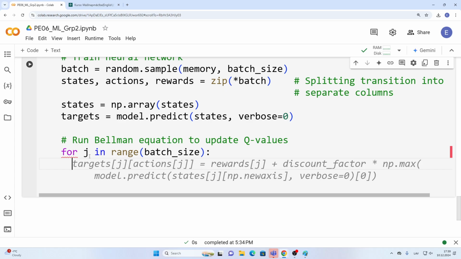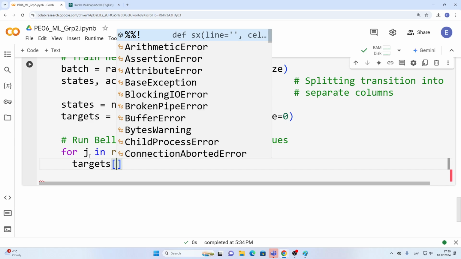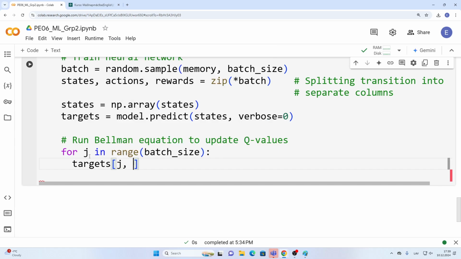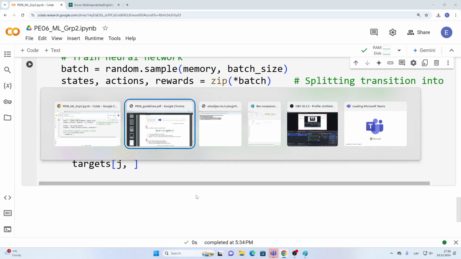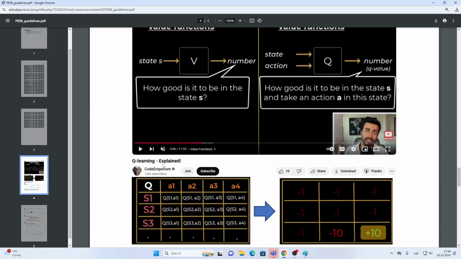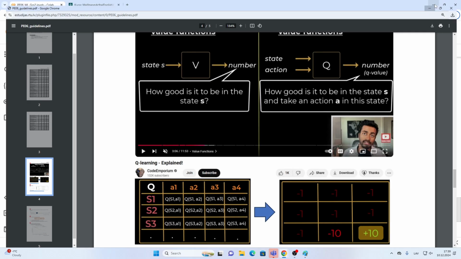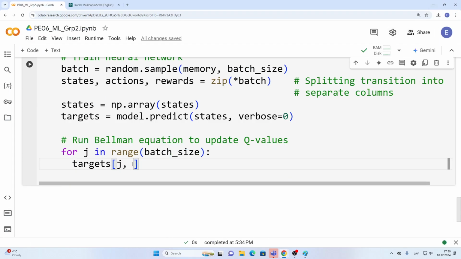And accordingly, what we want to do here is say that targets[j], that is the number of row. Again, if we go back here, you can see that this is actually a matrix. Yes, so we have rows for states and columns for actions. So we need to accordingly process the targets j for actions j.